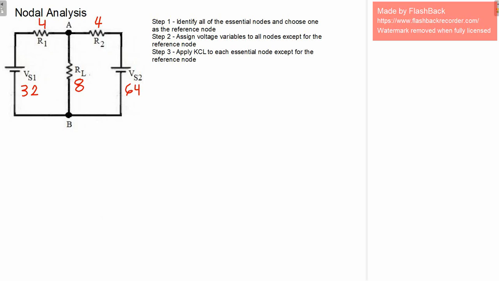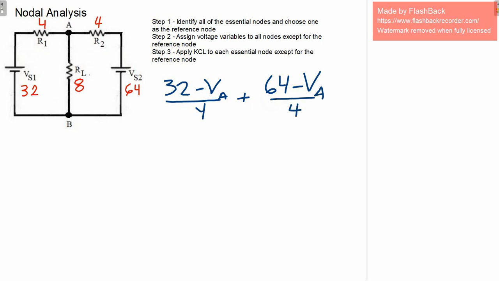Like I said, at this point it's really a test of your algebra skills, making sure you know how to solve rational equations. So if we just write things out again here, we're just copying what we had on that last page. And then we need to solve this rational equation.